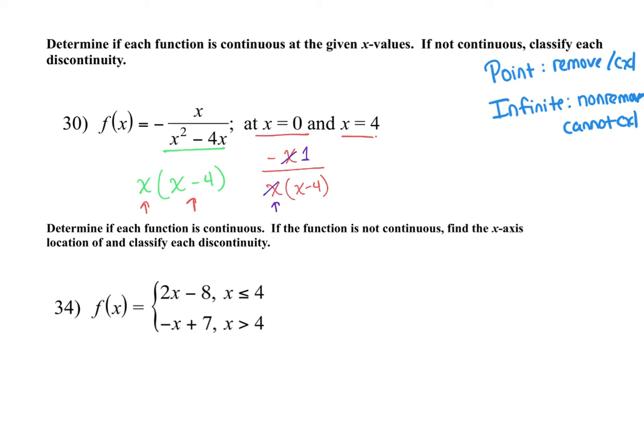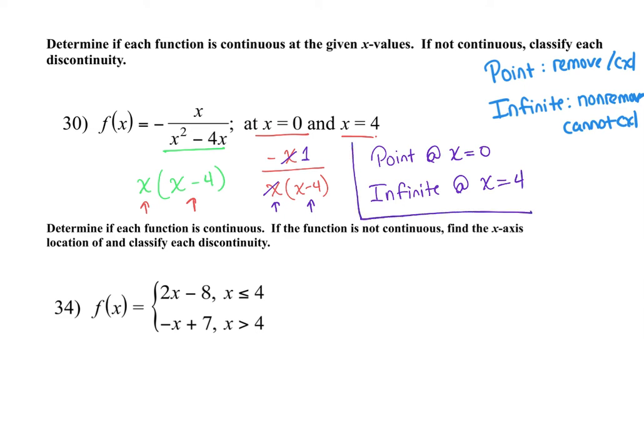What type of discontinuity is it? Point. So I have point at x equals 0. The 4 caused a problem here. Can I cancel a 4? No, I cannot. That is infinite at x equals 4. And that would be my answer. This is my answer for this.